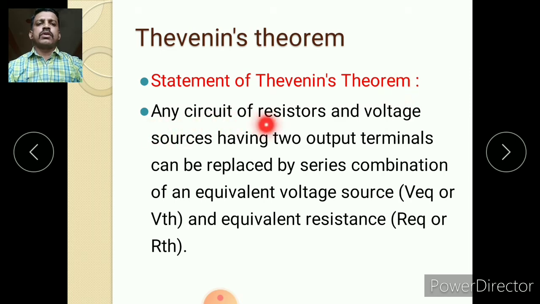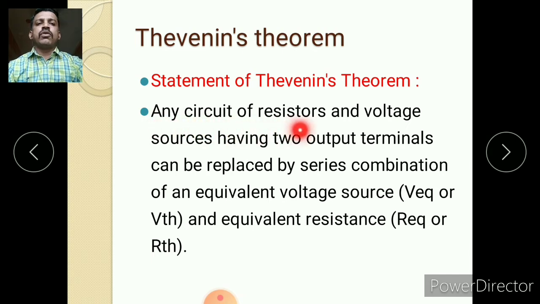Any circuit of resistors and voltage sources having two output terminals can be replaced by a series combination of equivalent voltage source VEQ or VTH and equivalent resistance REQ or RTH.